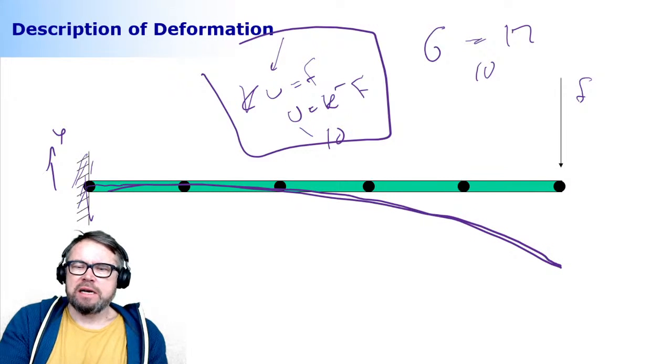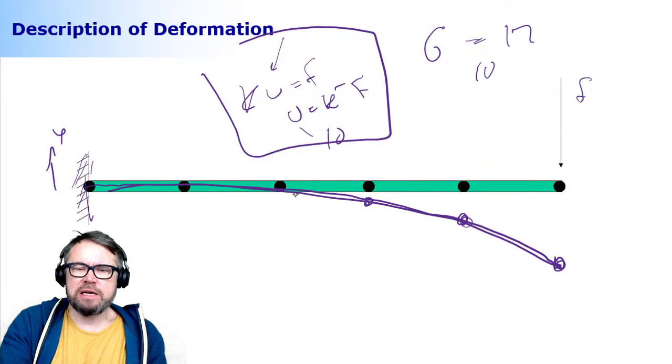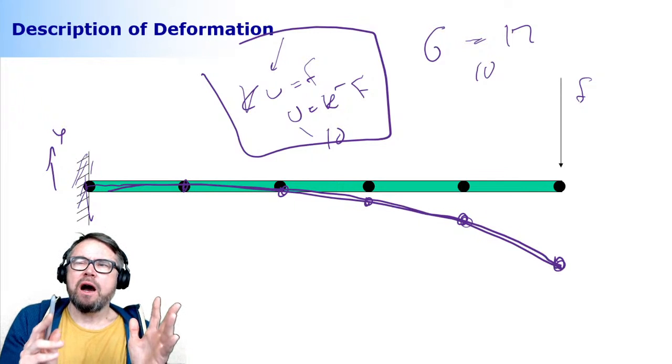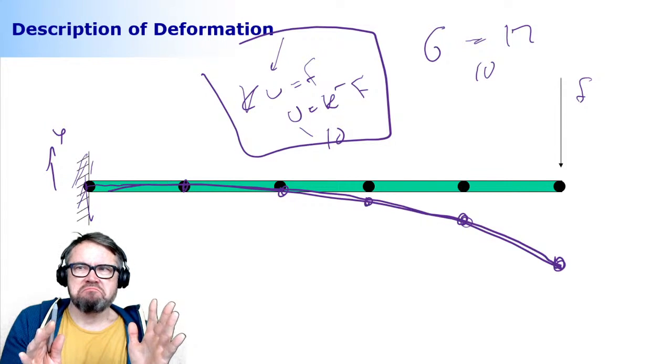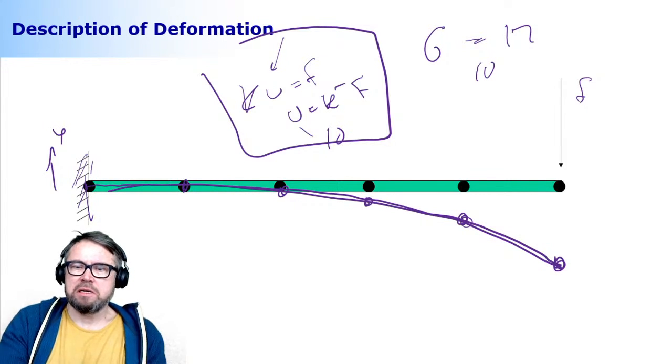So this is the way the structure can deform. Way means that there is a certain way these nodal displacements can move with respect to each other. How much can it move in this way? I don't know. Let's just call this a way. Let me use a slightly different notation.